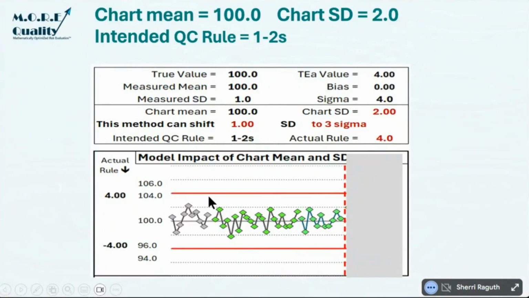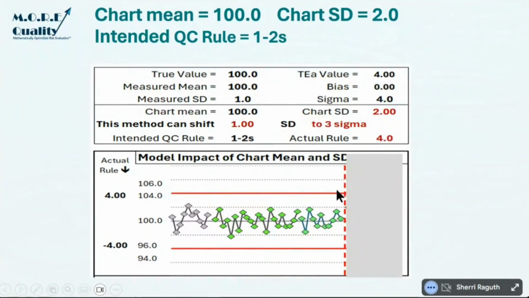So this chart, you're using SDIs. This is the standard deviation index. And on this chart, you've doubled your standard deviation. So where the measured SD is 1, the chart SD is 2.